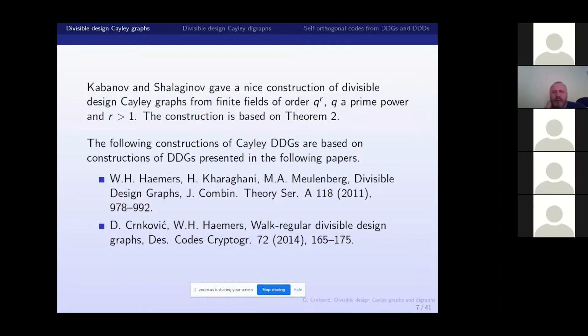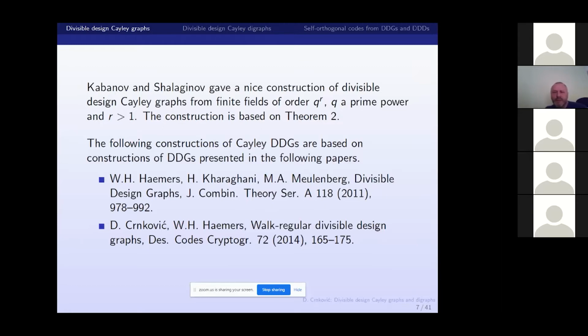Kabanov and Shalaginov gave this theorem in that paper, and also gave a nice construction of divisible design Cayley graphs, which comes from finite fields of order q to the r, where q is a prime power and r is greater than 1. This construction is based on the theorem that they gave also in that paper.